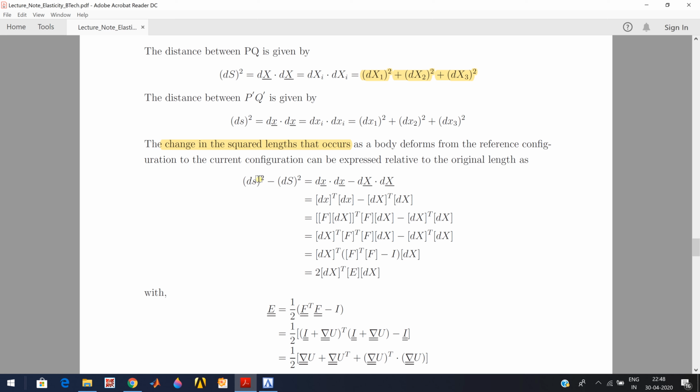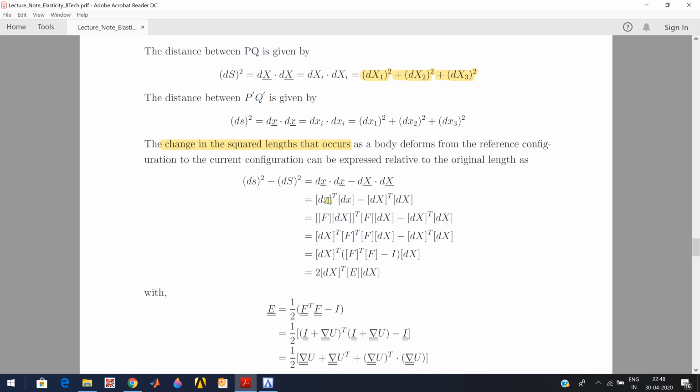So ds squared, the new length squared, subtracted by the undeformed length squared, equals this dot product minus this dot product.